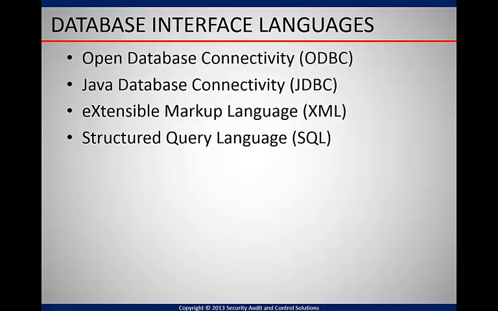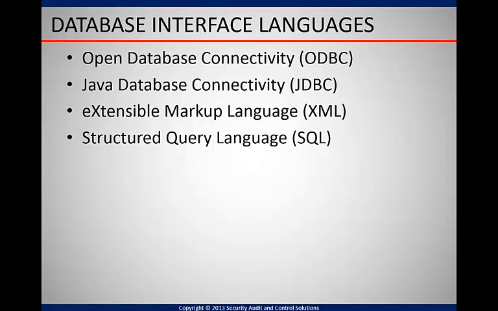To communicate with databases, there are interface languages, also known as middleware: Open Database Connectivity, ODBC, JDBC, XML, and SQL, Structured Query Language. Now, XML is Extensible Markup Language. Although it's not directly used to communicate with the system, it is a subset of other protocols.